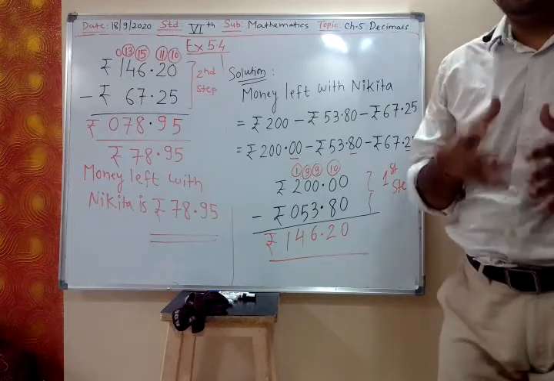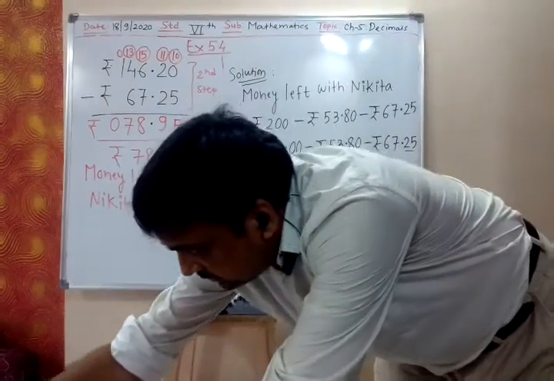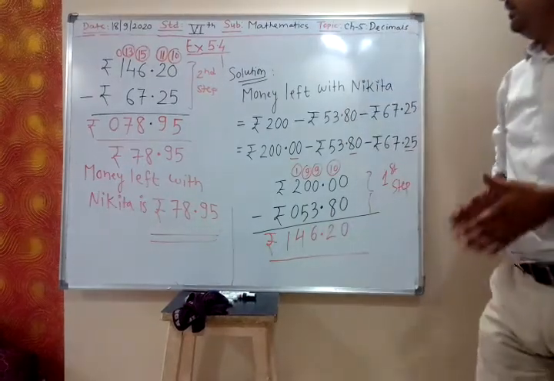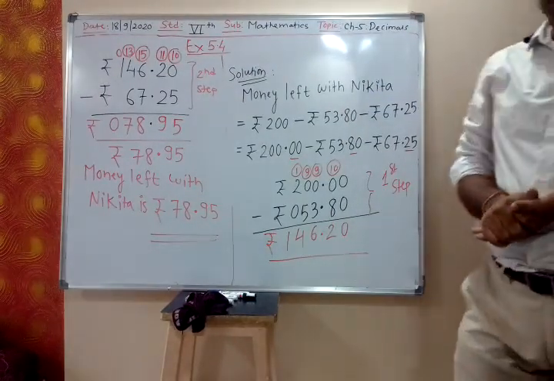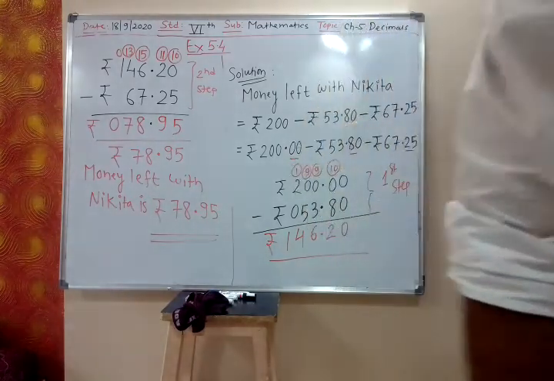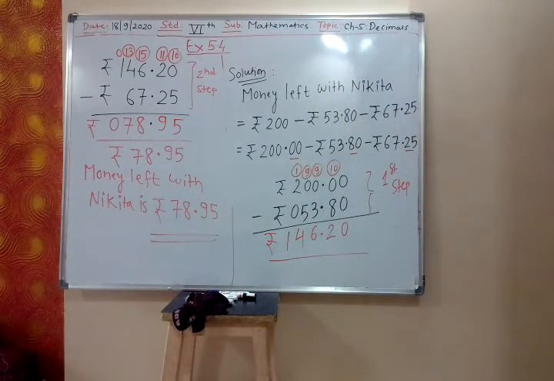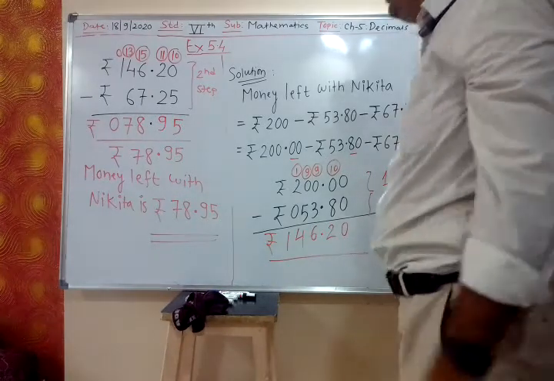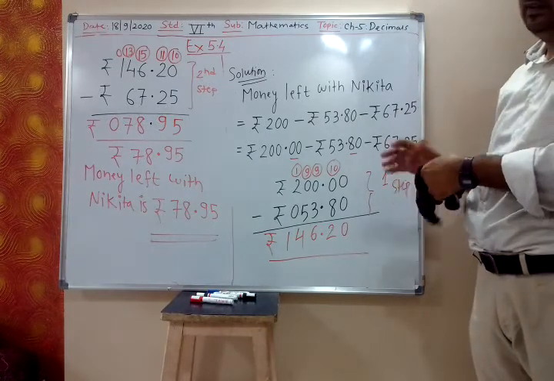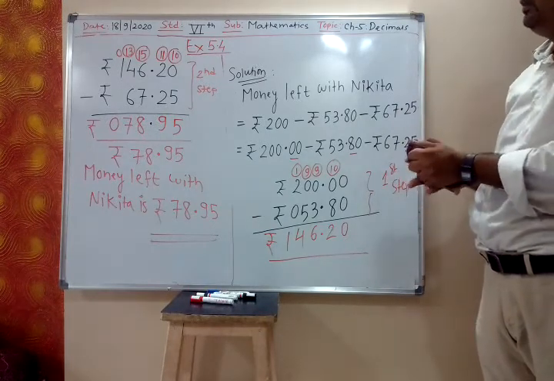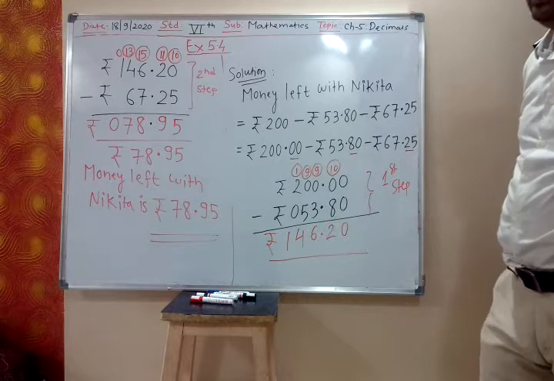There should be complete understanding. Money left with Nikita is rupees 78.95.